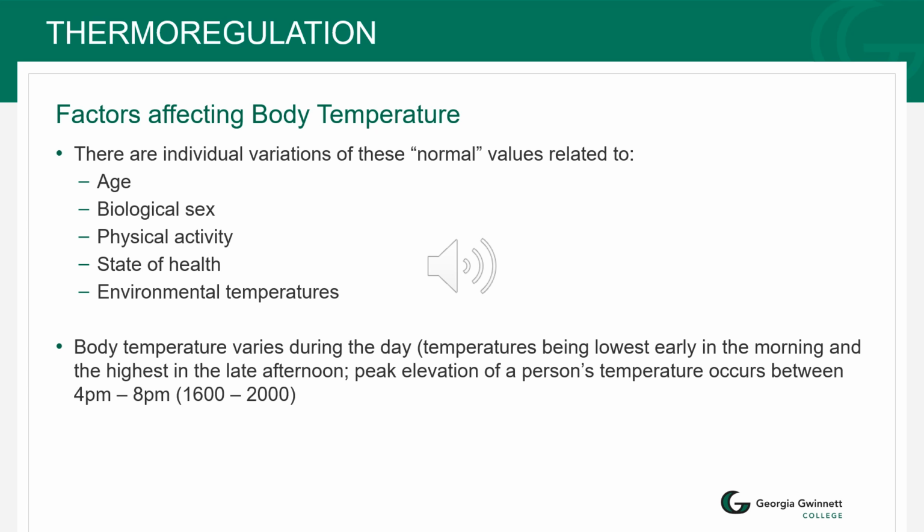Temperatures typically are lowest early in the morning and highest in the late afternoon, with a peaked elevation of a person's temperature between 4 p.m. and 8 p.m. It's important to know that older adults lose some thermoregulatory control as they age. So body temperatures in older adults may be lower than the average adult temperature.